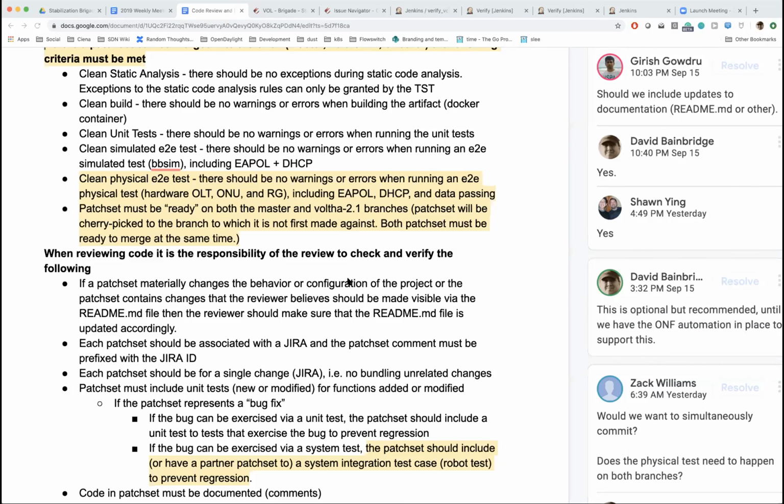So we understand that it will take more time, and we're asking contributors to also allocate more time to do reviews as well. It's just felt that these more stringent requirements will help us get to a more stable version of VOLTHA. Any other questions? If not, we'll go to the next item on the agenda.